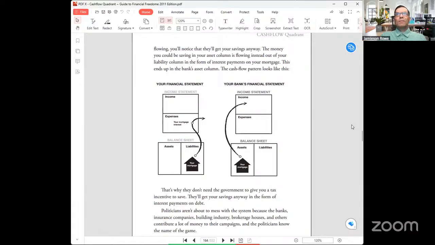Let me read that one more time. The money you could be saving in your asset column is flowing instead out of your liability column in the form of interest payments on your mortgage. This ends up in the bank's asset column. The cash flow pattern looks something like this.